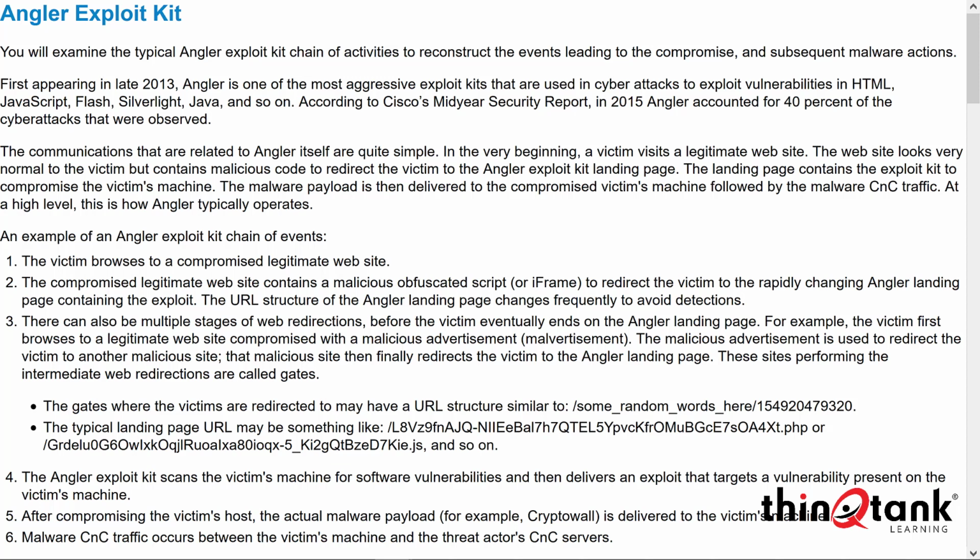It also tries to evade detection during each stage of the infection. Innovation was really the key to the success of Angler. The creators took the development of that application very seriously because they constantly adapted their tactics to evade being detected by security products like antivirus products and so on.